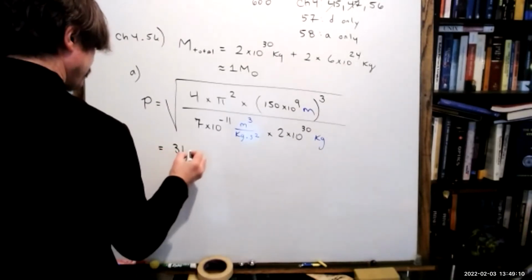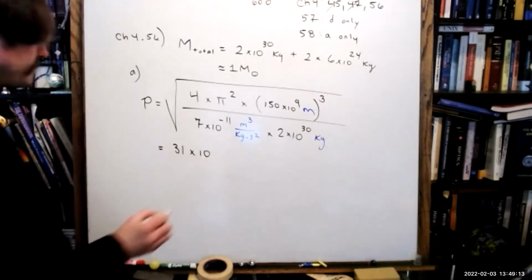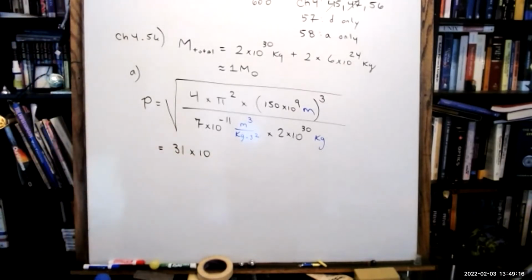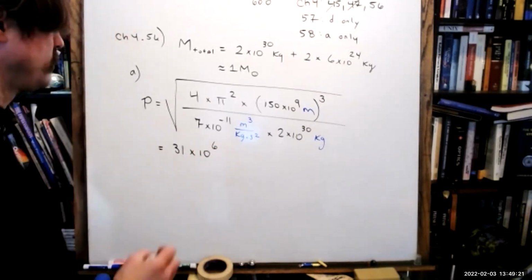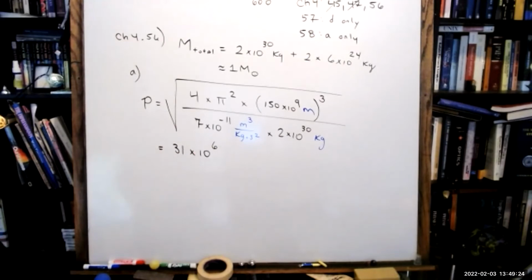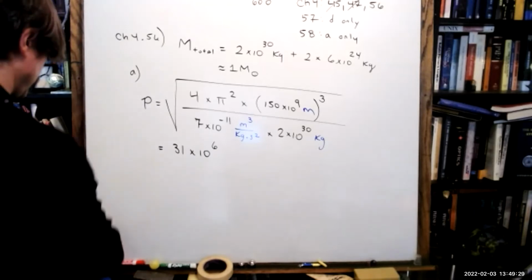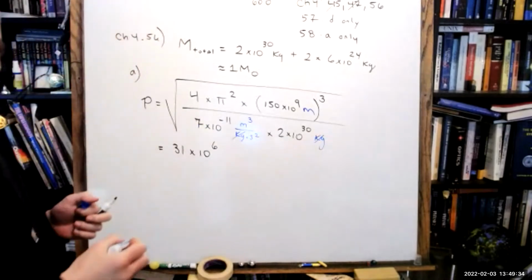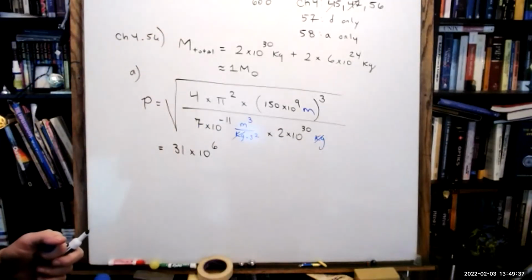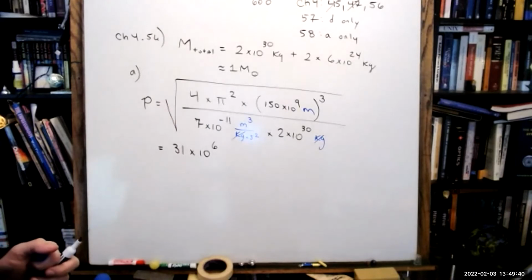Times the what? Ten to the 6th? And the units? Kilograms? Kilograms cancel, top and bottom. Oh, yes. What else?